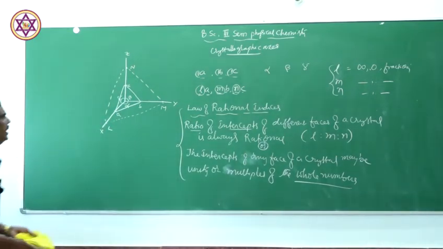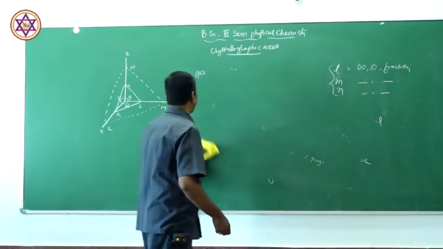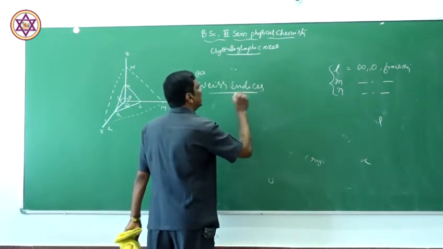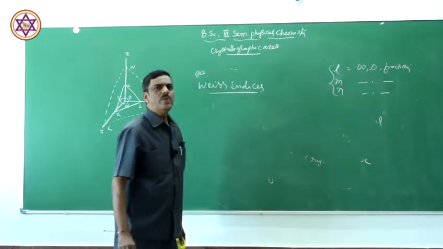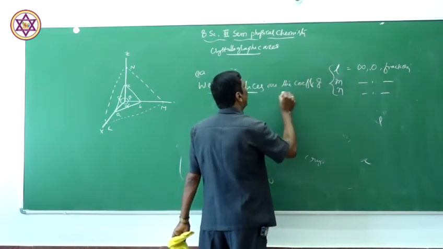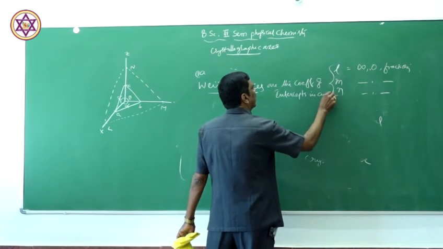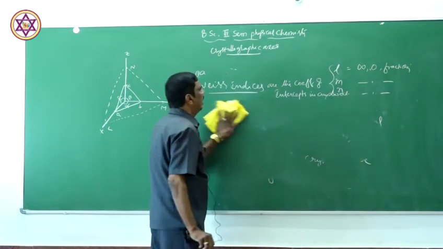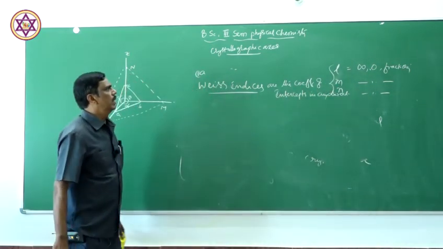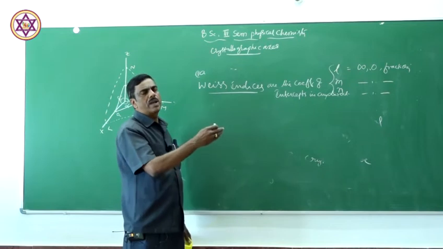Weiss indices are the coefficients of intercepts in any direction. So, Weiss indices are the coefficients of intercepts L, M and N. It may be infinity, 0, a fraction or a whole number.